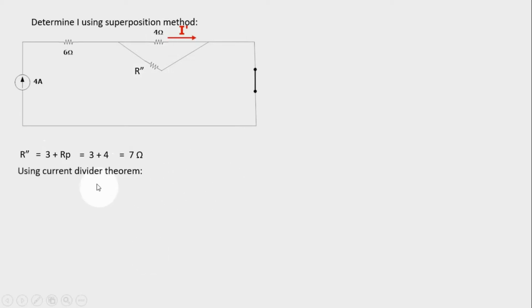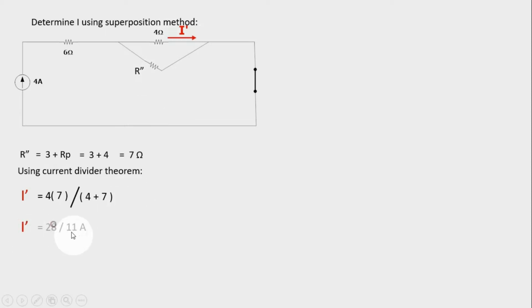So we are now using the current divider theorem to solve for I prime. Here we have 4 ohms of our total current, so we multiply it by the branch in which the I prime is in parallel, divided by the addition of the two resistors.